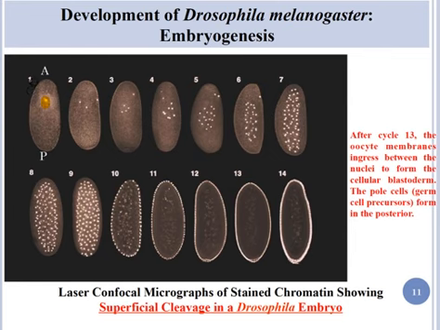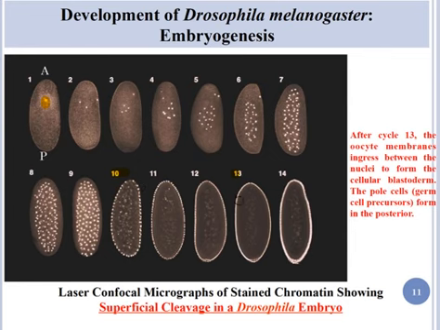From cycle 1 to, let's say, cycle 9, we have lots of nuclear divisions, and starting at cycle 10, from cycle 10 to cycle 13, we start having a kind of nuclear migration from the center towards the peripheral side of the embryo.